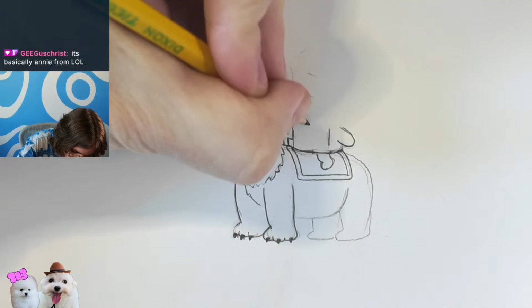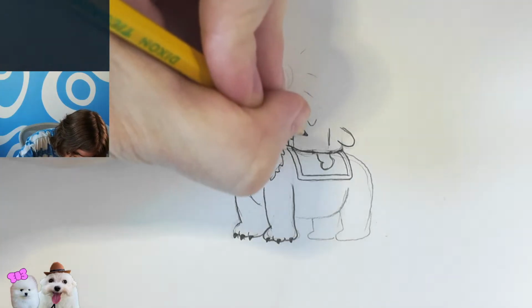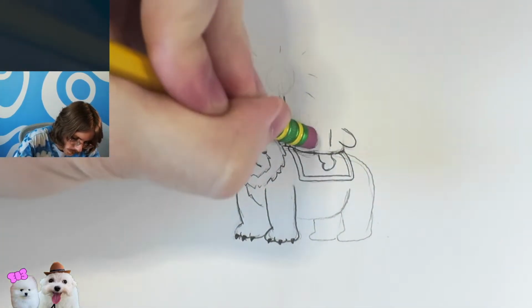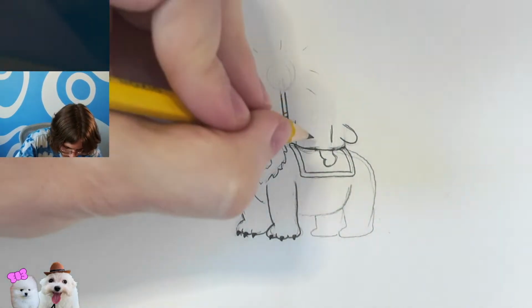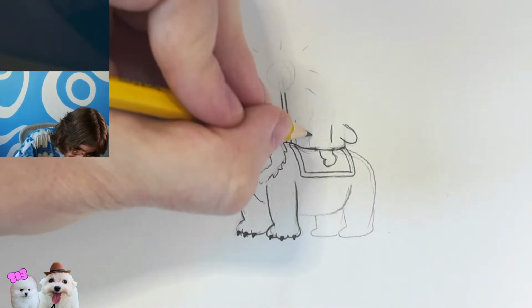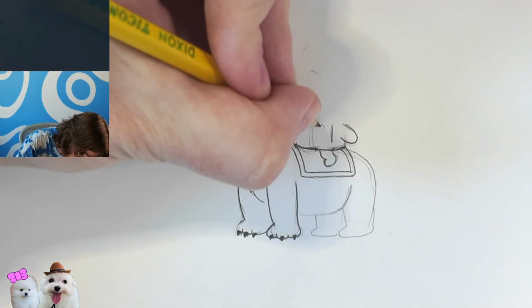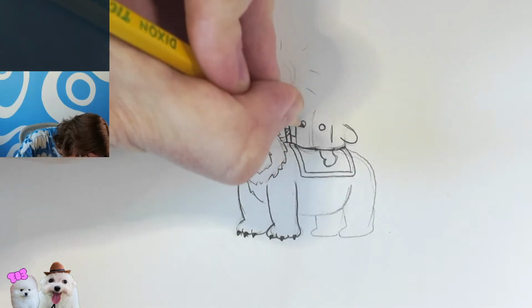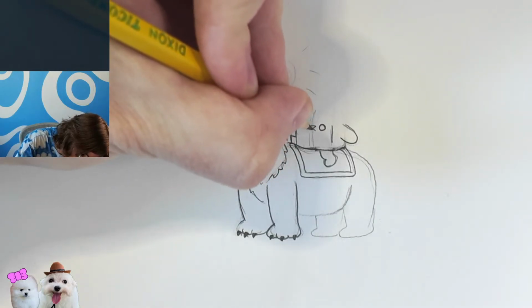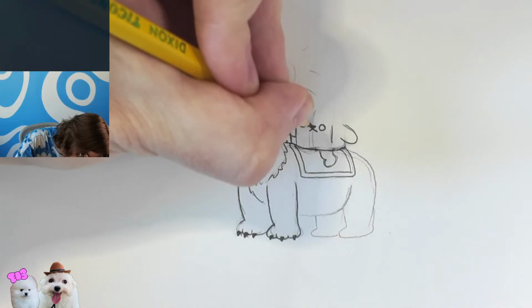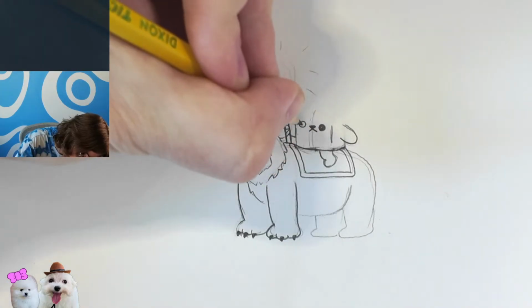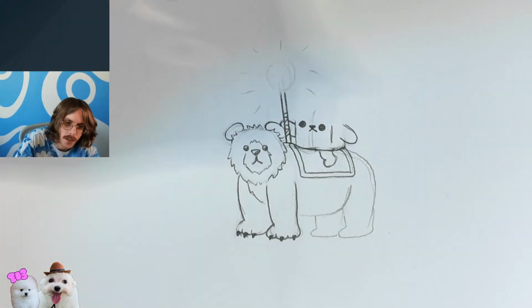So wait, let's determine where his face is. I think Chugs is kind of looking up a bit. Okay, so there's Chugs' face.